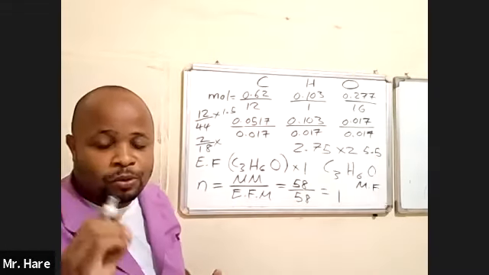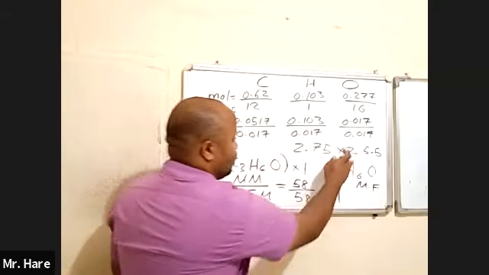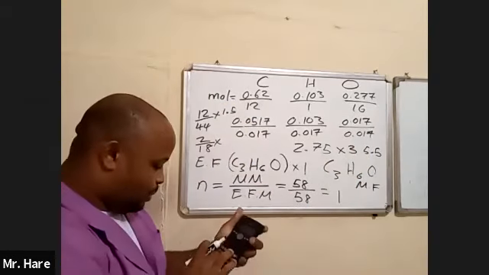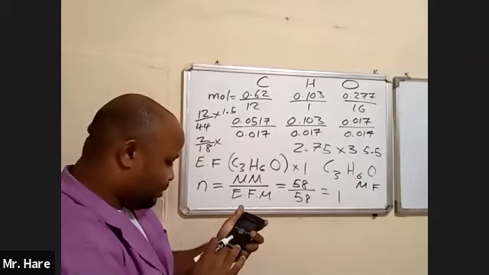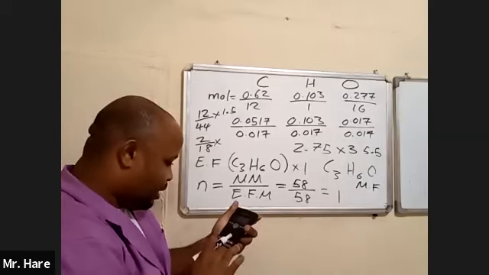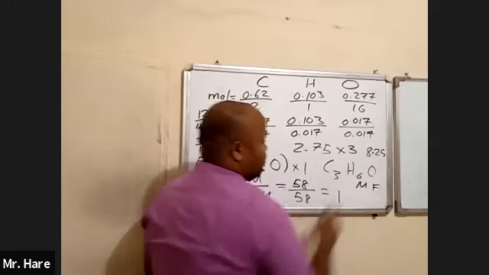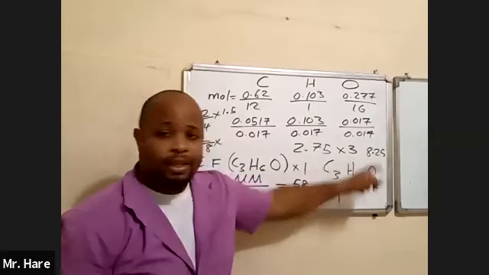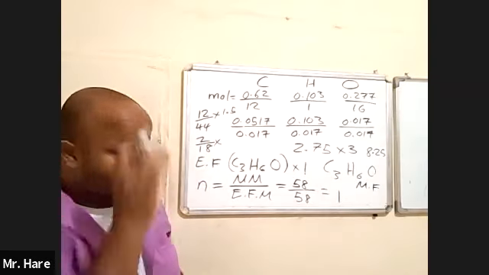It must be close to a whole number. So next, I am going to try it with 3. So 2.75 times 3, and I get 8.25. Now 8.25 is close to 8. So this is 8. That would be H8, right?